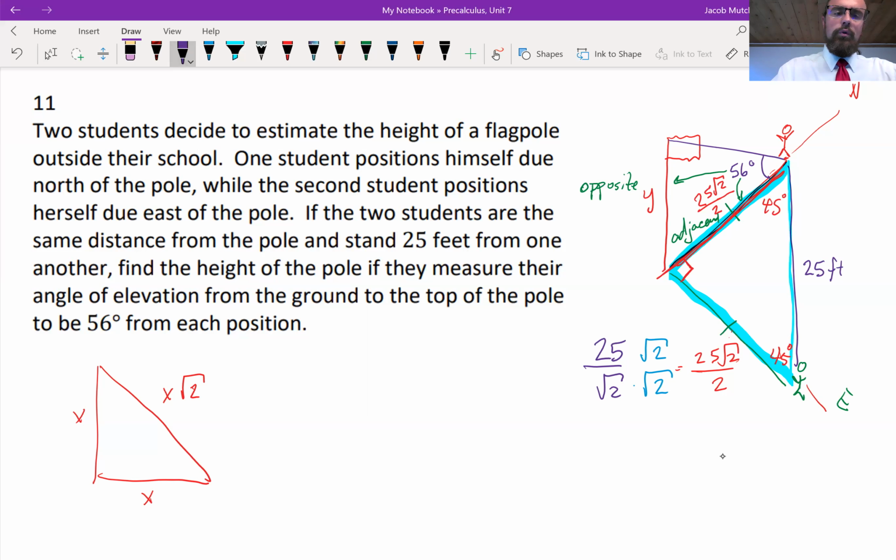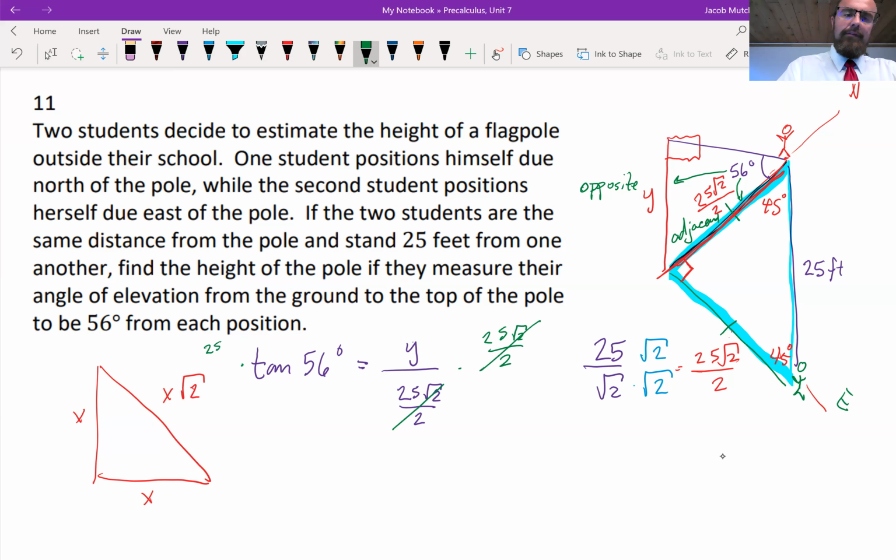So my setup for this problem in terms of an equation is going to be the tangent of 56 degrees equals y, opposite, divided by adjacent, 25 square root of 2 over 2. Once I have that set up, the solution is very simple to find y. I just need to multiply by 25 square root of 2 over 2 to cancel here on the right. That'll cancel. And then multiply tangent 56 by that same 25 square root of 2 over 2.